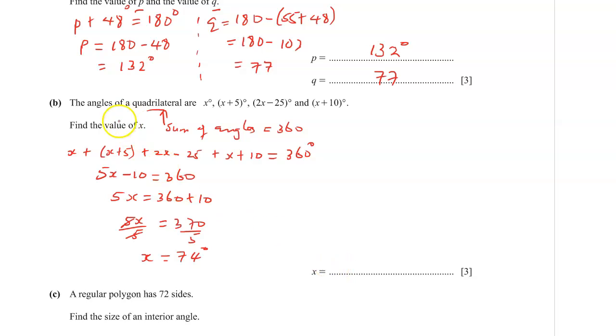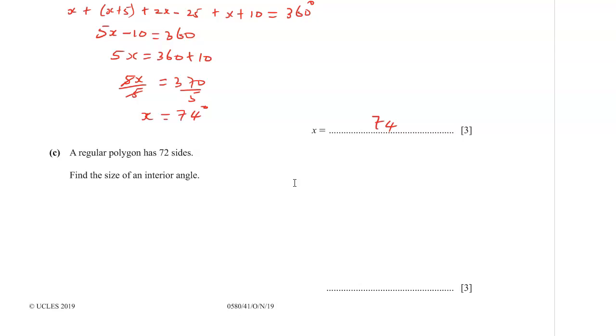So x is 74. You can now find these angles. This is 74, this is 79, and this is 148 minus that.